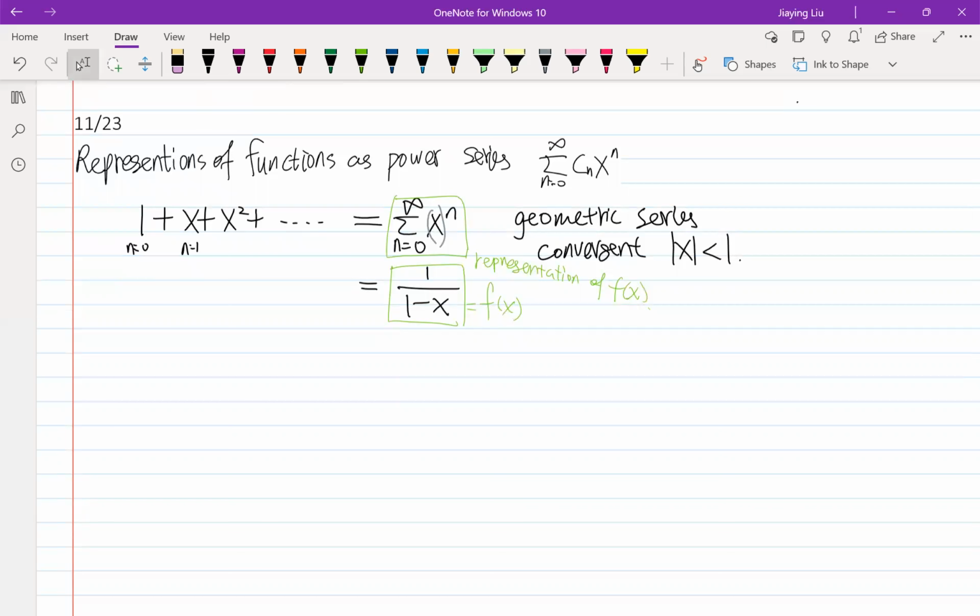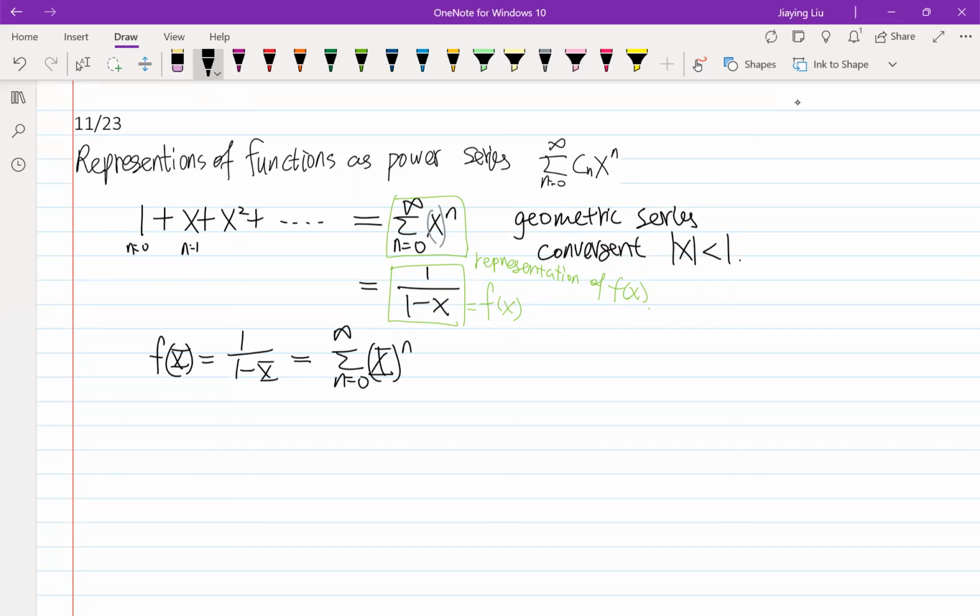But what I'm going to do is set them equal, but instead of using lowercase x, I'm going to use a capital X for a more general case. So for f of x equal to 1 over 1 minus capital X, suppose we have this function in this form, then we can write down the power series representation, which is just sigma n from 0 to infinity, capital X to the n.